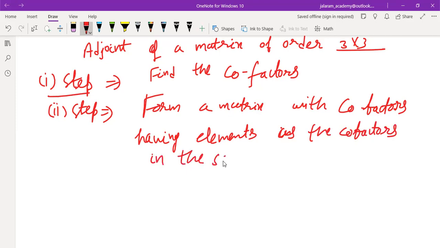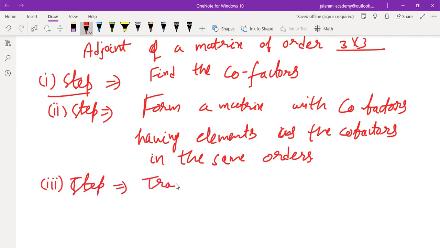Third step, transpose the matrix obtained in step 2. Only 3 steps will be there to find the adjoint of a matrix.